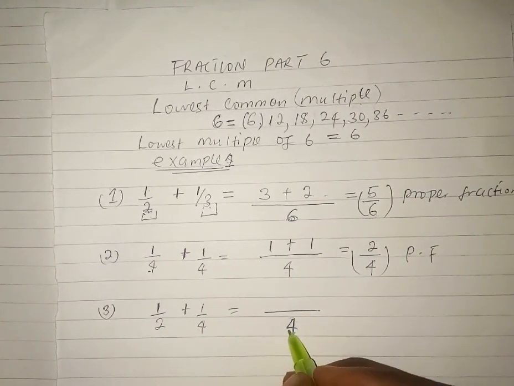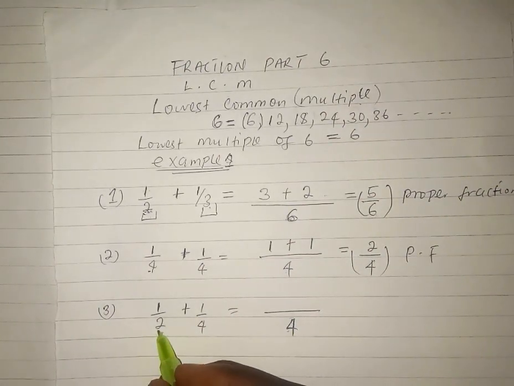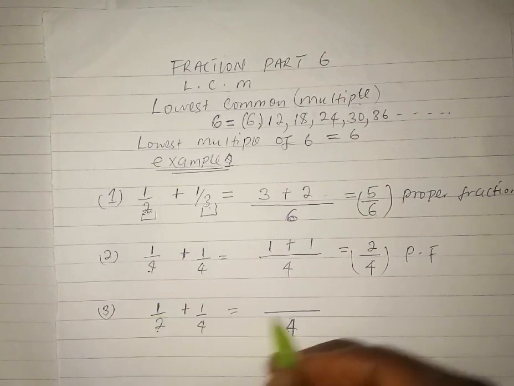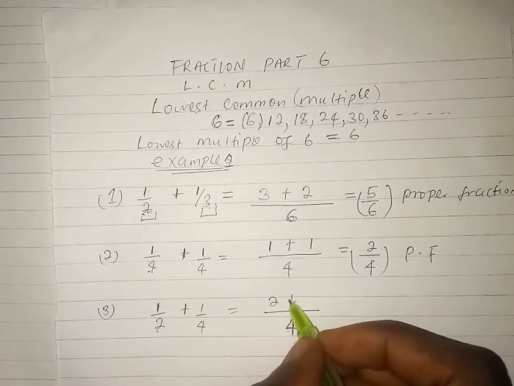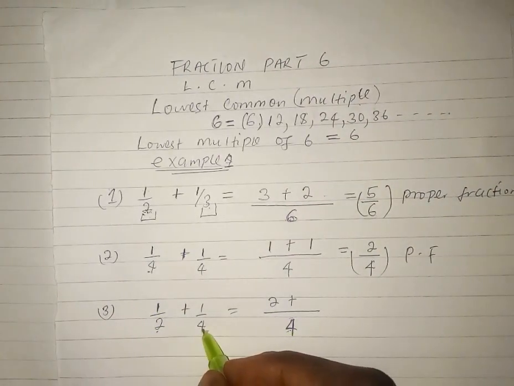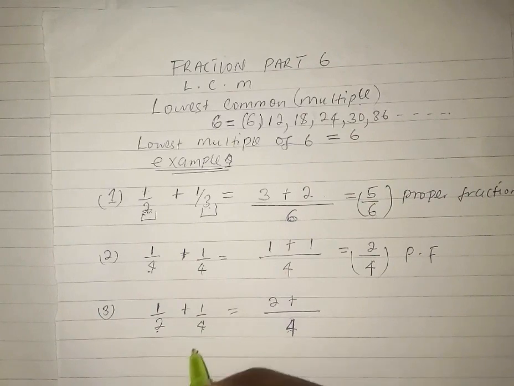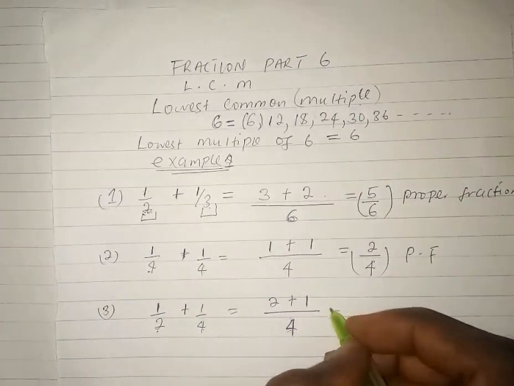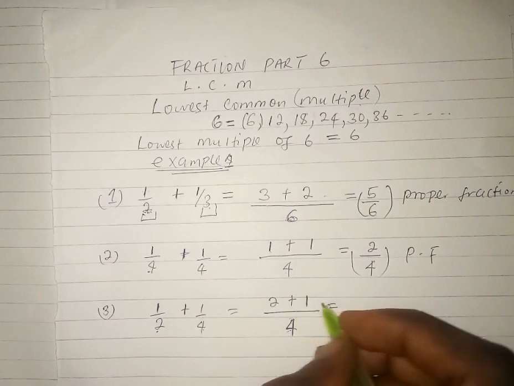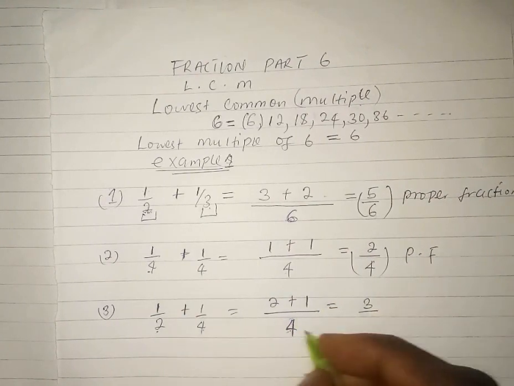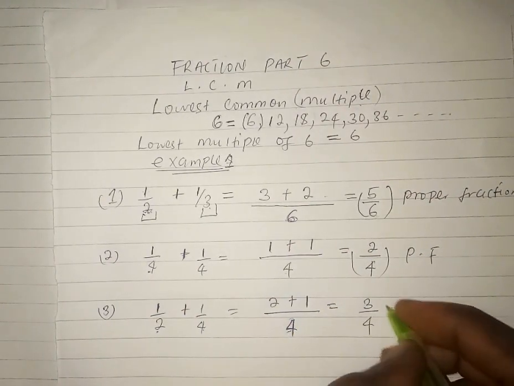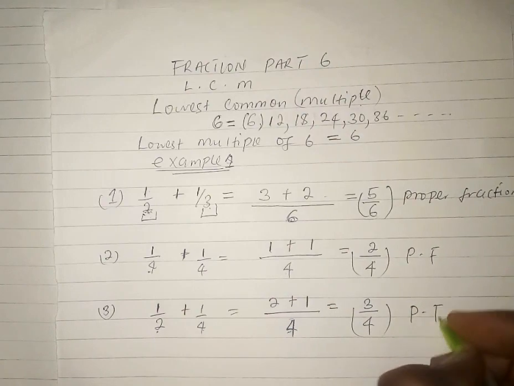Yes, because 4 divided by 2 gives you 2. 2 times 1 gives you 2, plus 4 divided by 4 gives you 1. 1 times 1 gives you 1, which is equal to 2 plus 1 is 3 over 4. This is also a proper fraction.